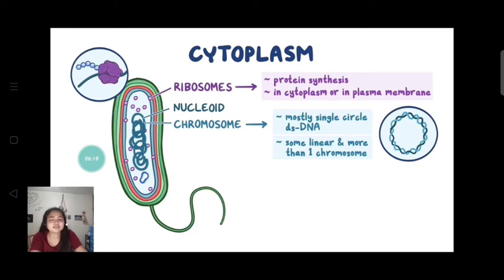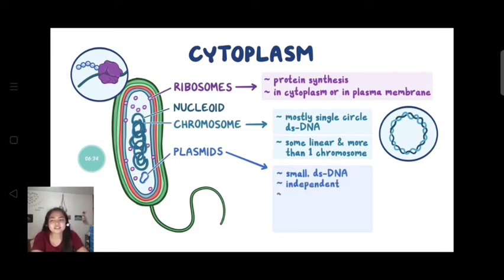Additionally, to the genetic material within the nucleoid, many bacteria contain extrachromosomal DNA molecules called plasmids. These plasmids are small double-stranded DNA molecules that can exist independently.